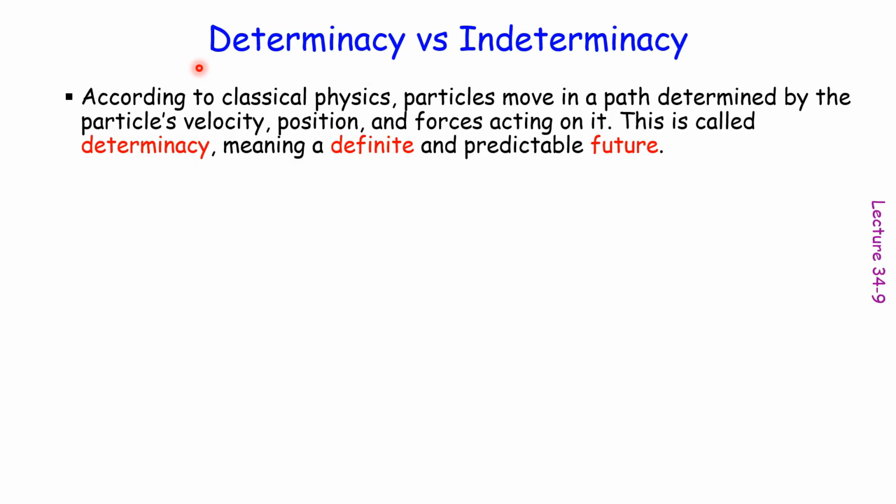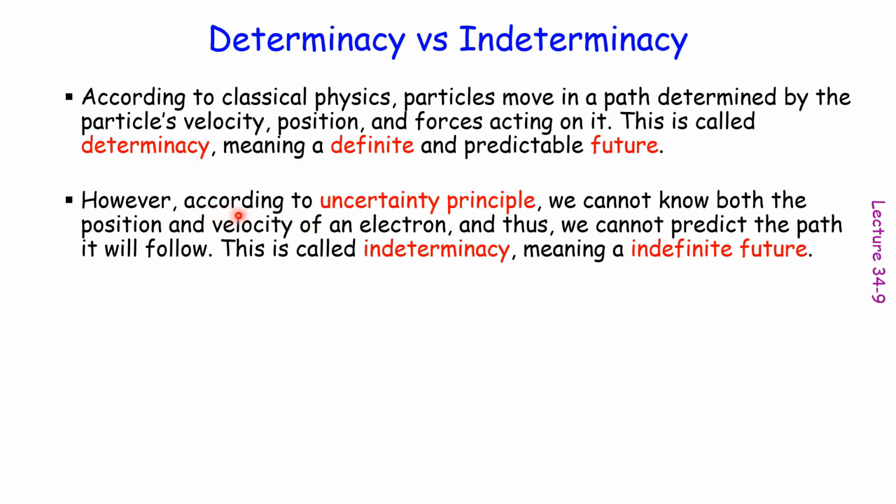Now let's see the difference between determinacy and indeterminacy. In classical physics, the movement of particles can be determined by the particle's velocity, position, and forces acting on it. This is actually called determinacy, meaning a definite and predictable future.